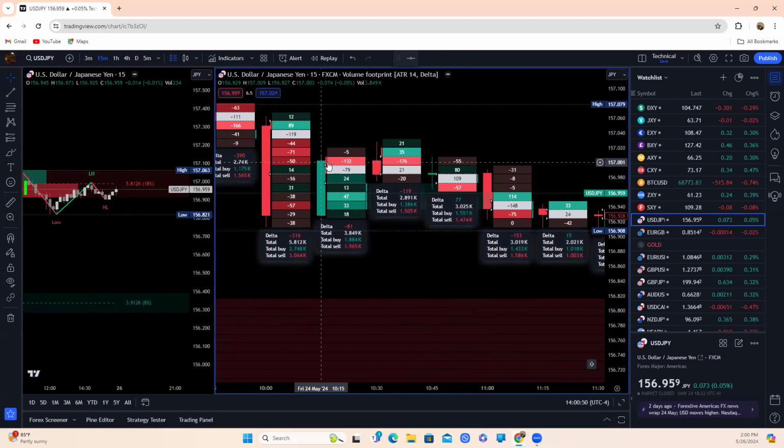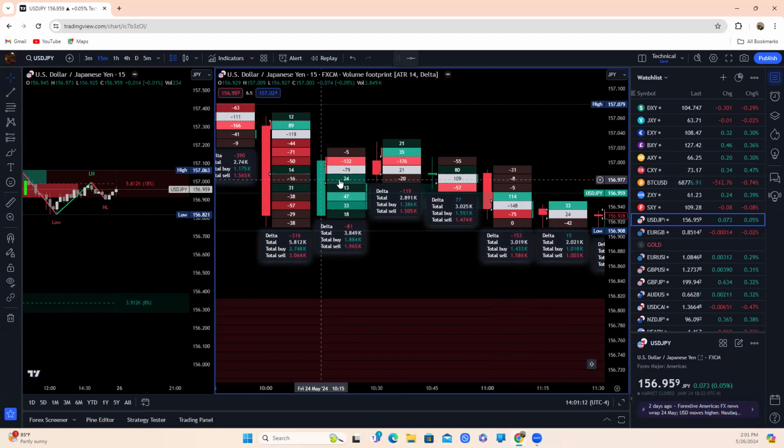And we see, yes. Now here's the thing though. When we look at this candle right here, we see that yes, it was bullish in nature. There was quite a bit of buying in this candle.